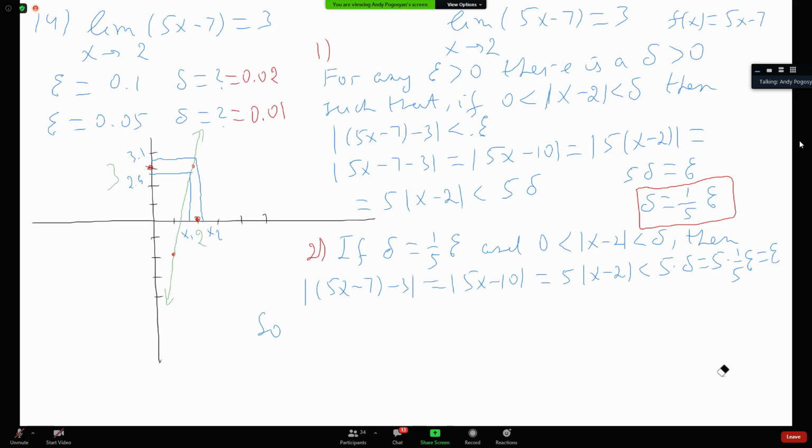So absolute value of 5x minus 7 minus 3 is less than epsilon, which implies by the epsilon delta definition, limit of 5x minus 7 equals 3 as x approaches 2. So we finished. This is called proving using the epsilon delta definition.